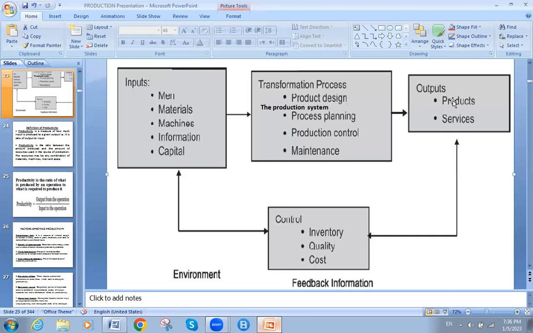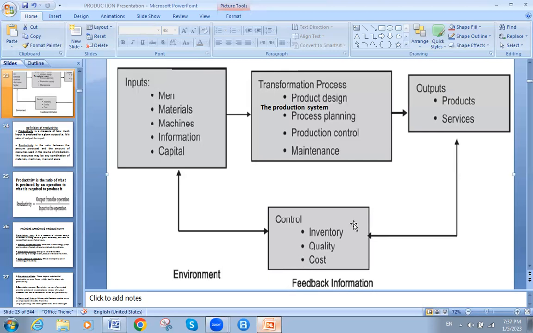So we care about changing the inputs into outputs, and we monitor the outputs to see whether they correspond exactly to what we planned before, or whether there is a deviation. If there is a deviation, then we will take correction steps.